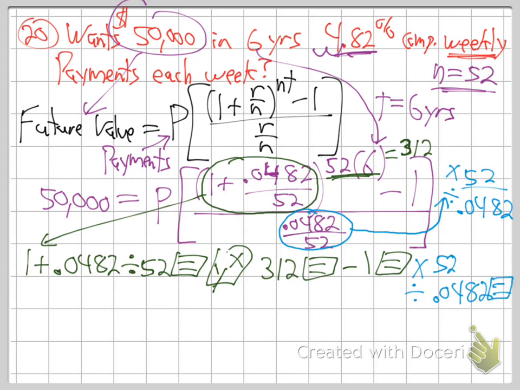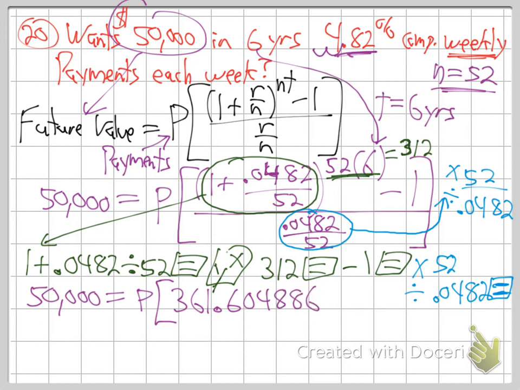When you're done there, you get 50,000 equals P times that whole bracket number: 361.6048863.